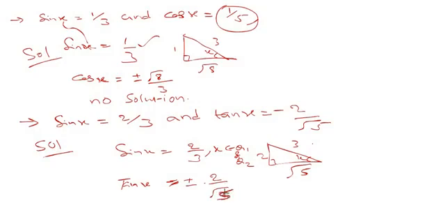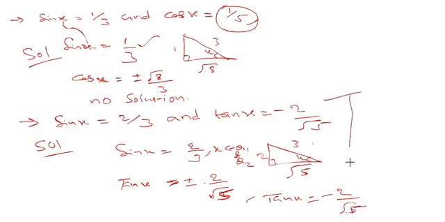So tan x is plus or minus 2 by root 5. Why? Because if x is in the first quadrant it is plus, if x is in the second quadrant it is negative. But we want tan x negative 2 by root 5. It is possible. Negative 2 by root 5 is possible.